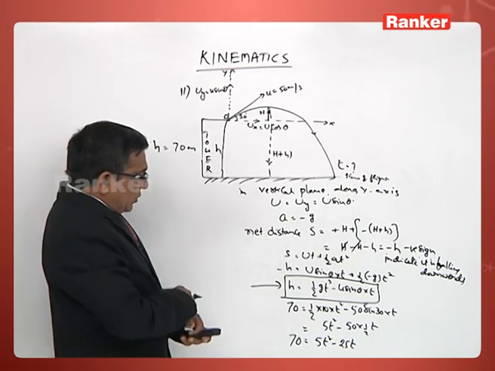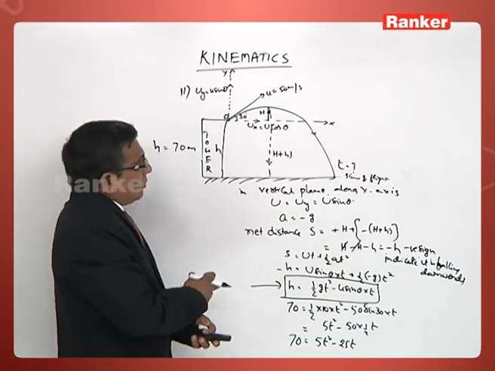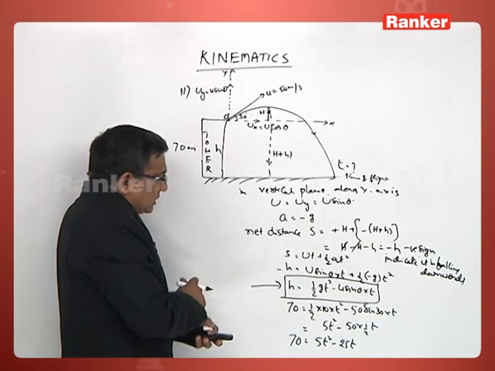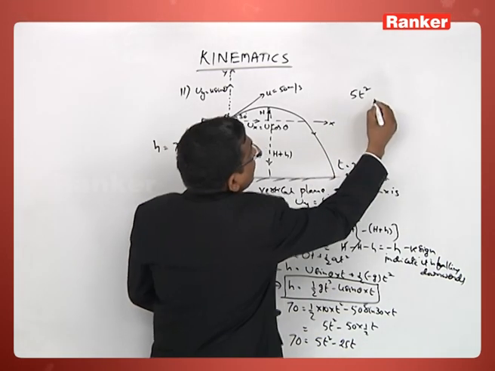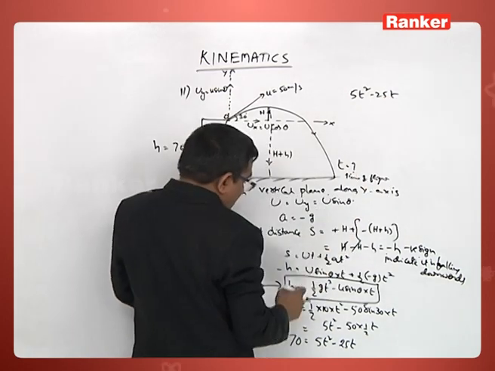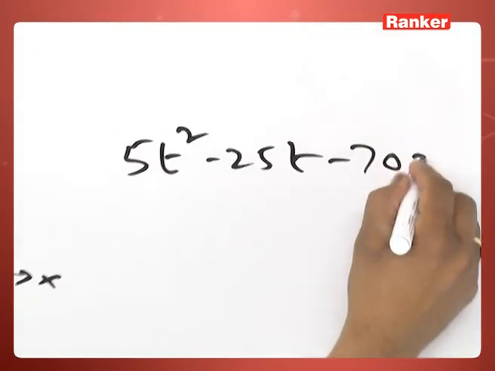So, a quadratic equation is what you are going to get, and if you solve it, you will get the time. So if you solve this, what happens? 5t square minus 25t minus 70 is equal to 0.